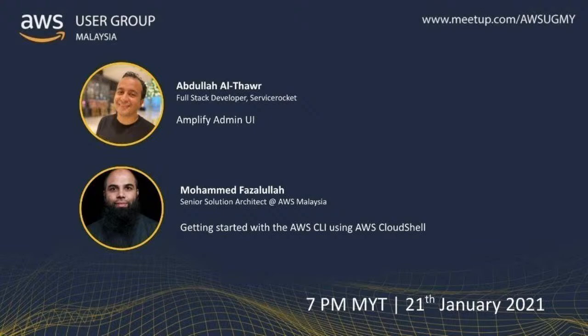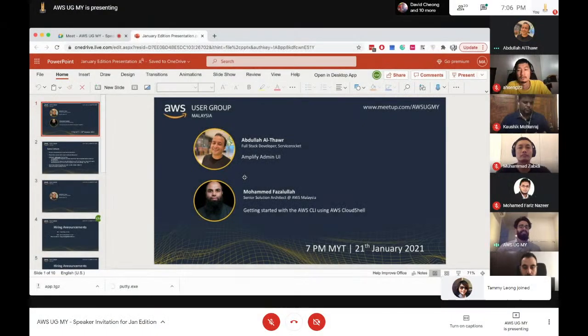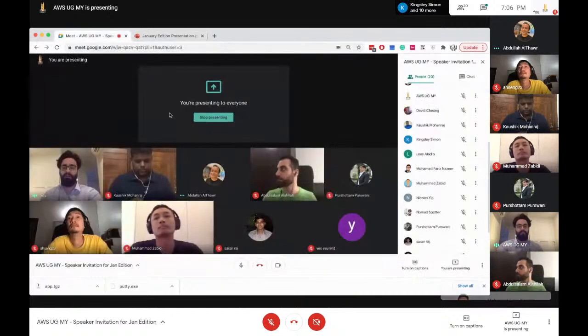He's here to talk about Amplify Admin UI, and we also have Faz from AWS, who will explain and show us how the new Cloud Shell works in AWS. We'll start with Abdullah, and let's learn about this new thing that AWS recently announced, the Amplify Admin UI. I will pass it to you, Abdullah, from here.